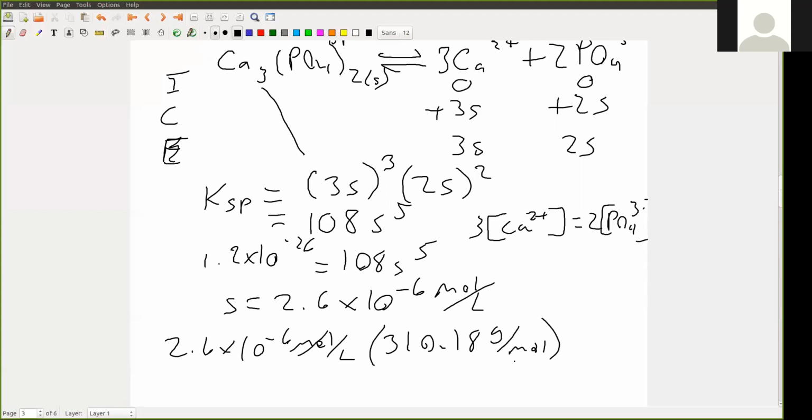The moles cancel and we're left with grams per liter, which will be approximately, keeping to the correct sig figs, 8.0 times 10 to the minus 4 grams per liter. And we can keep it in scientific notation, and that's perfectly fine. Or you can even say that it's 0.80 milligrams per liter. And that's all there is to it.